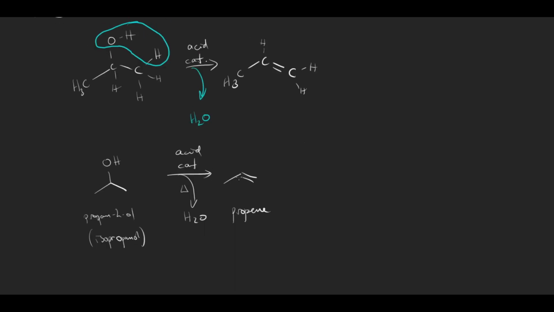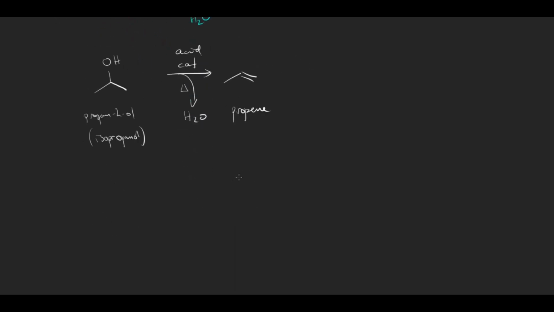So let's look at the mechanism for this. And it's fairly straightforward. Let's use our skeletal formula again, and we'll start down here. So I've got OH and I've got acid. And again, remember, free acid, free protons, free hydrogen ions tend not to exist.